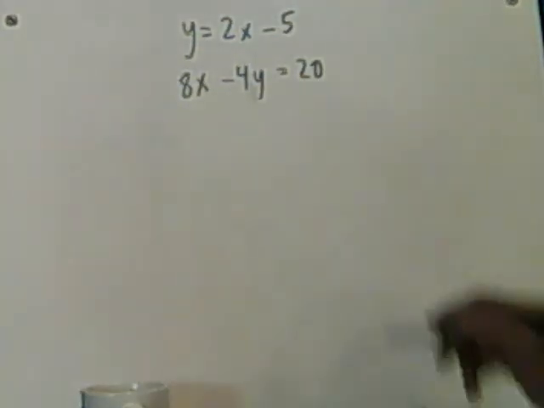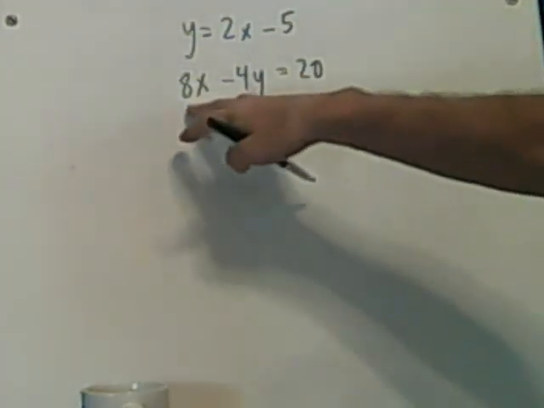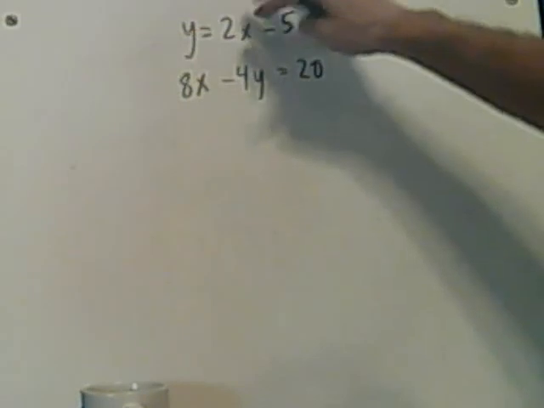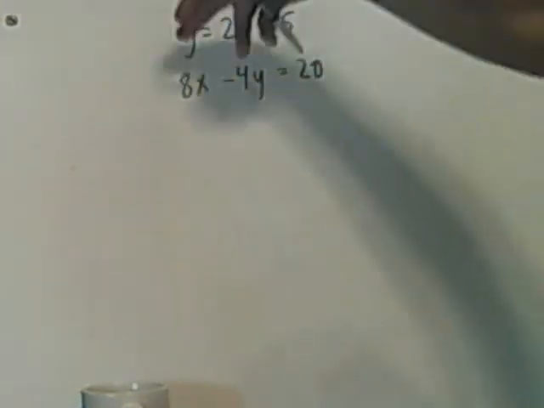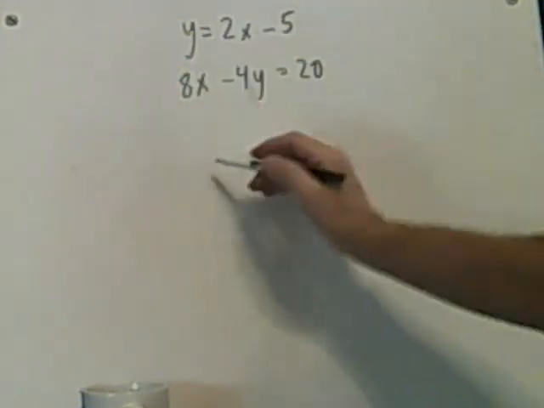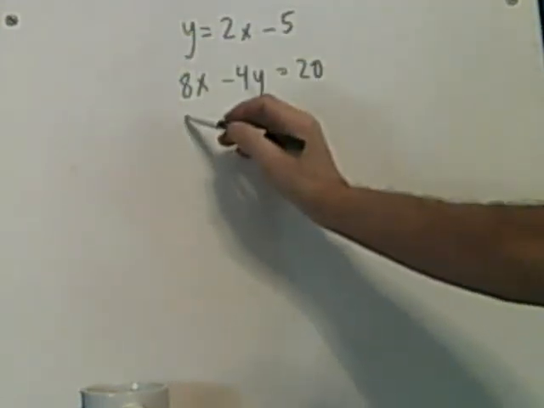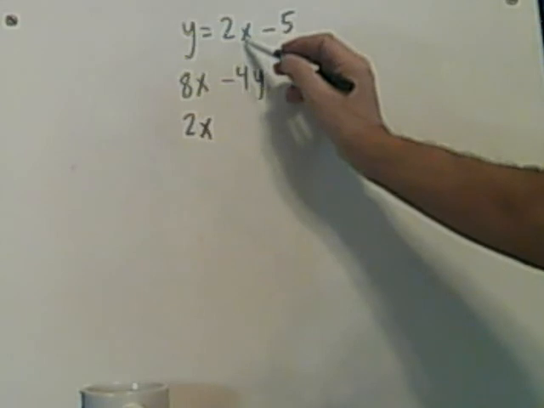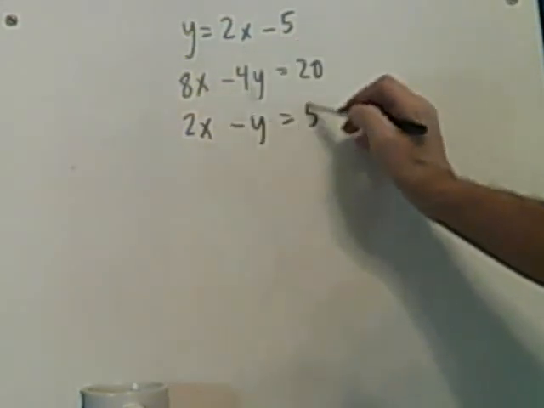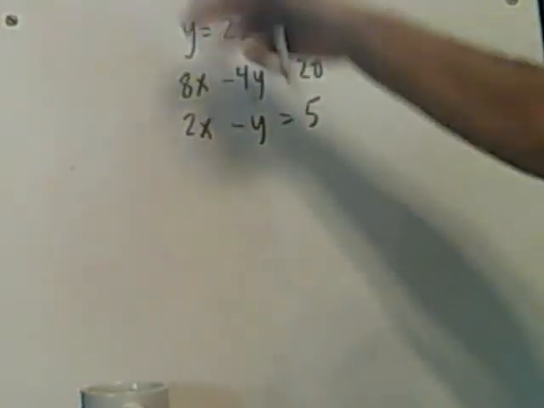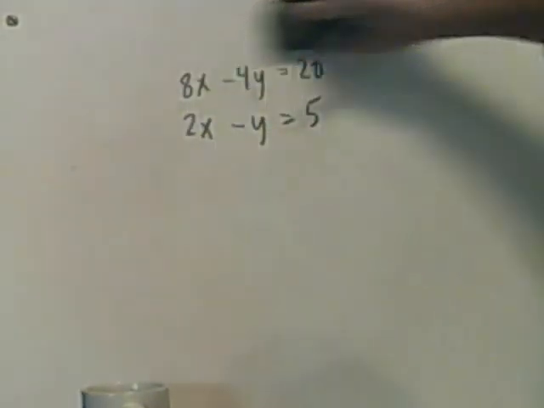Well, when I do it by elimination, I like these things to line up. I'm going to get the 2x and the y on the same side and the 5 over there. So I'm going to rewrite the first equation so that it actually reads 2x minus y equals 5. I just moved things around, and that's the first equation rewritten.